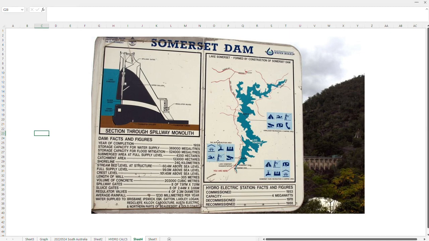So here's a picture of the Somerset Dam, and there's about 40 kilometres from the dam wall here right up to the back, and it's 4,350 hectares, and its shoreline's 240 kilometres, and there's 203,000 cubic metres of concrete. So it's a fairly big dam, and it's 30 metres deep or something. It's quite a big dam.